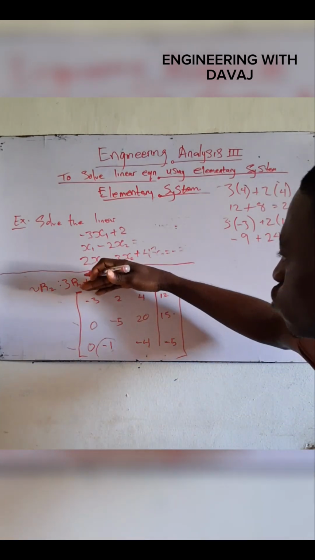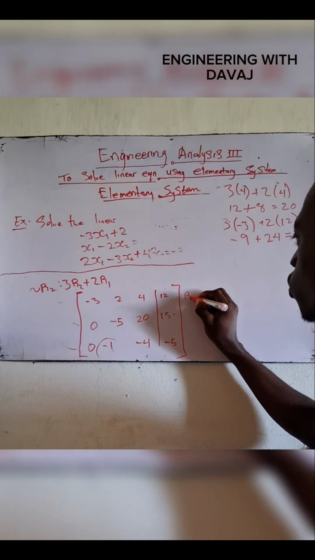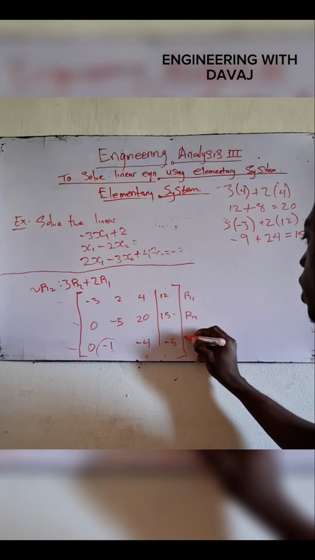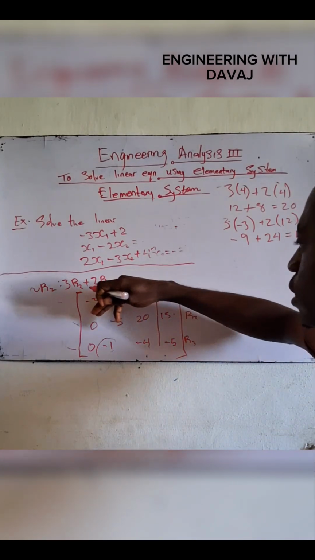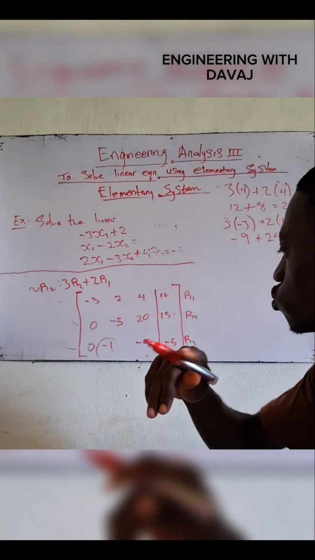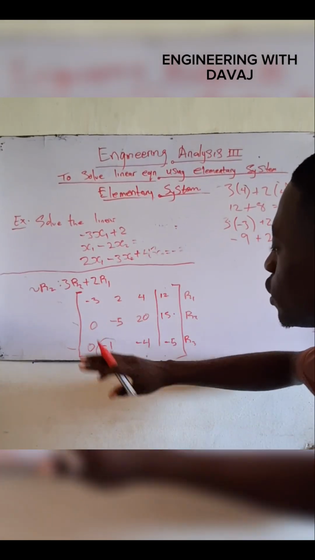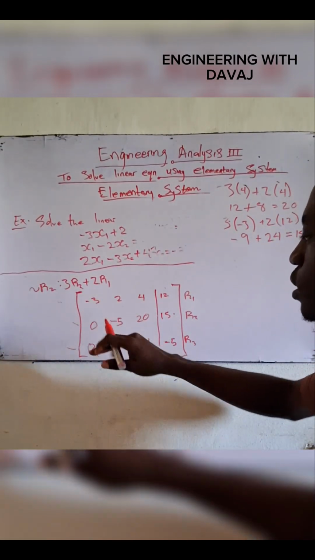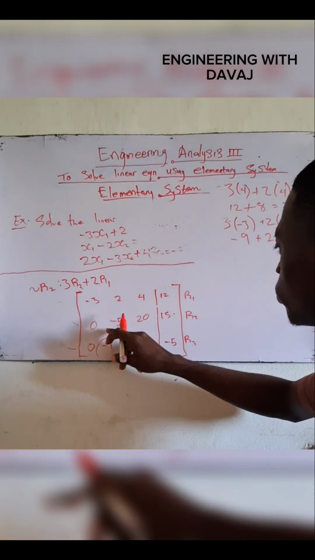So I would try to avoid this row 1 and focus on this row 2. So this is my row 1, this is my row 2, and this is my row 3. So I'll avoid this row 1, so that these 2 zeros must not turn to number, because if they should turn to number, everything is spoiled already, and we are going to get a wrong answer. So I'll avoid this row 1 and focus on these 2 rows.